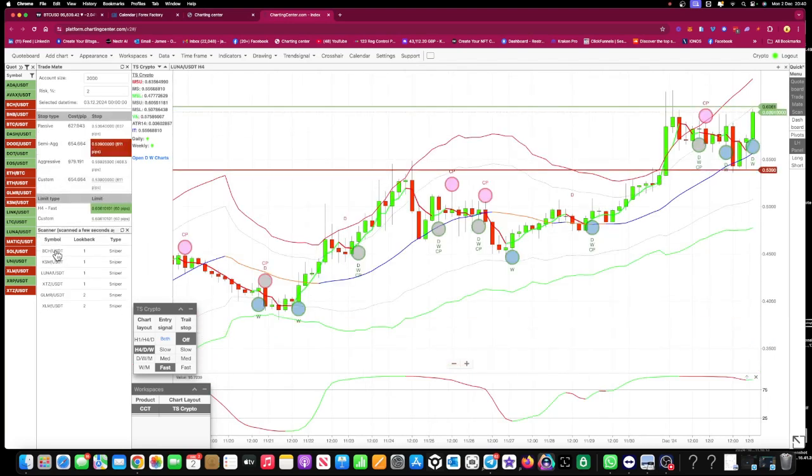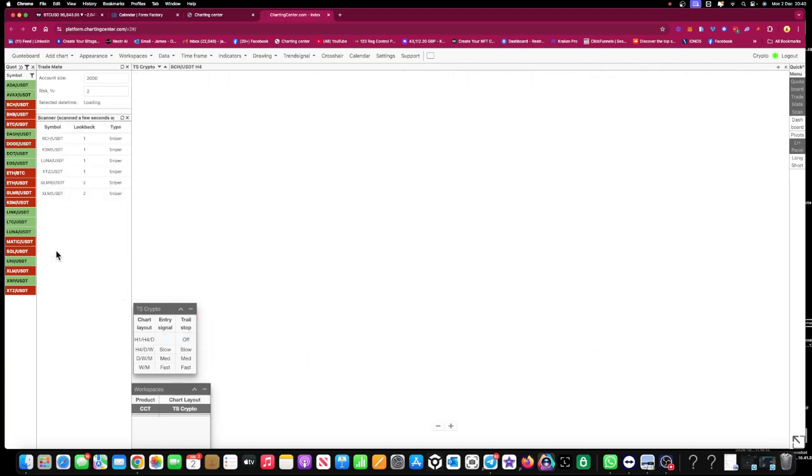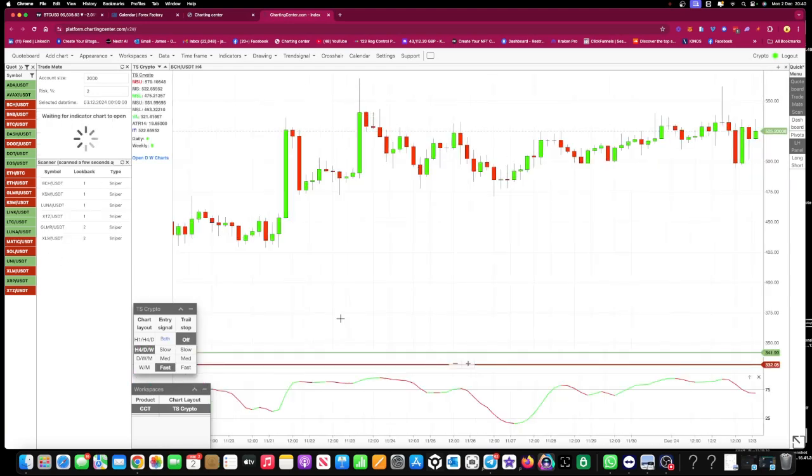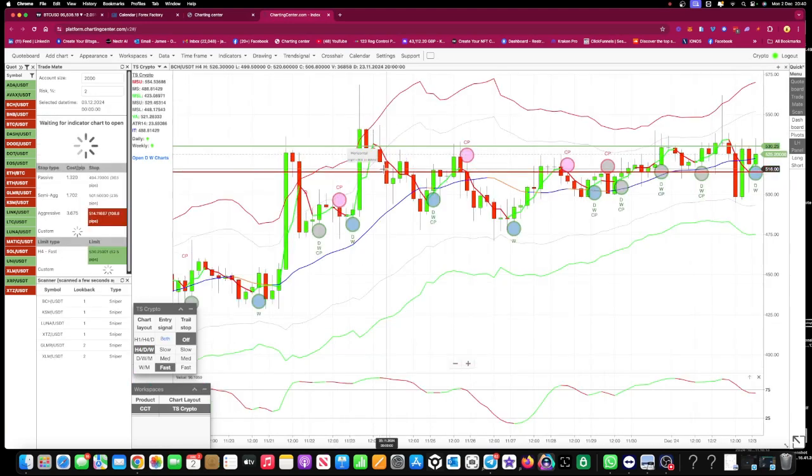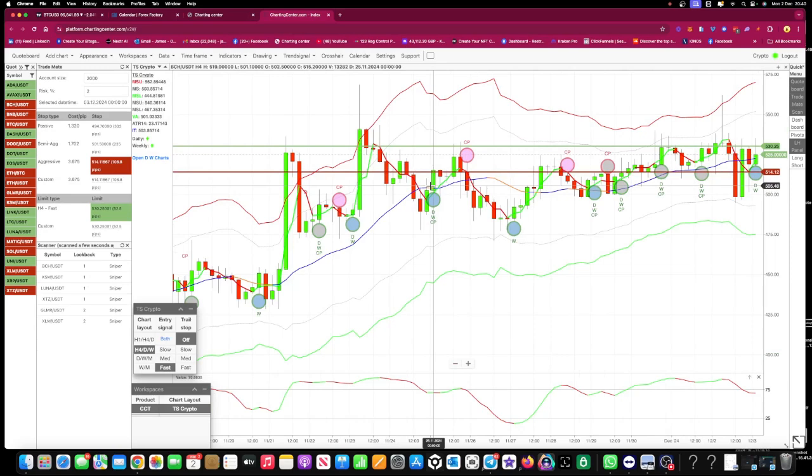So, Bitcoin Cash on the 4-hour. I mean, you just have to look at that and say, well, which way is that going? We might see a huge pullback. We might not. No one knows.